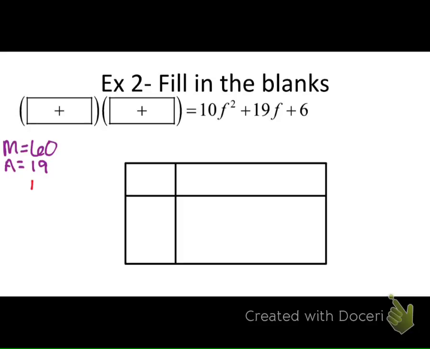We start at 1, so I have 1 and 60, 2 and 30, 3 and 20. Do I have anything that adds to 19 yet? No. All right. What about 4?